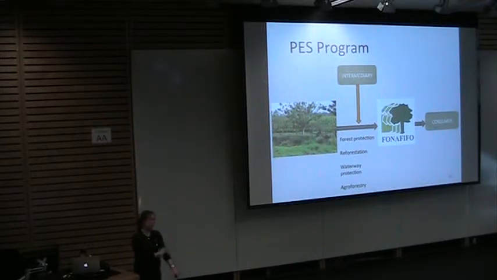They're also looking for markets for the environmental services more globally as well, but to my understanding, Paige may be able to clarify this, I don't think they're actually there yet.